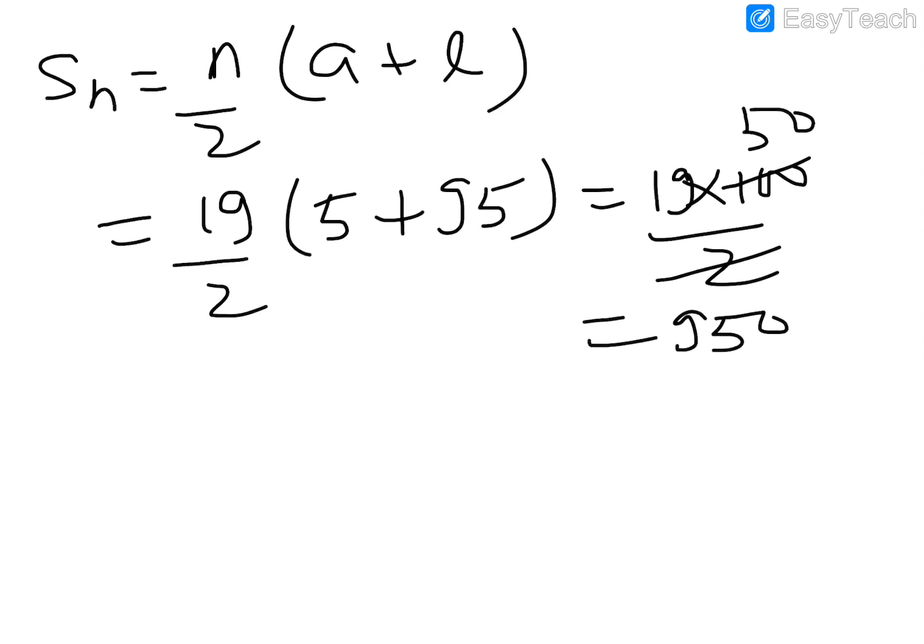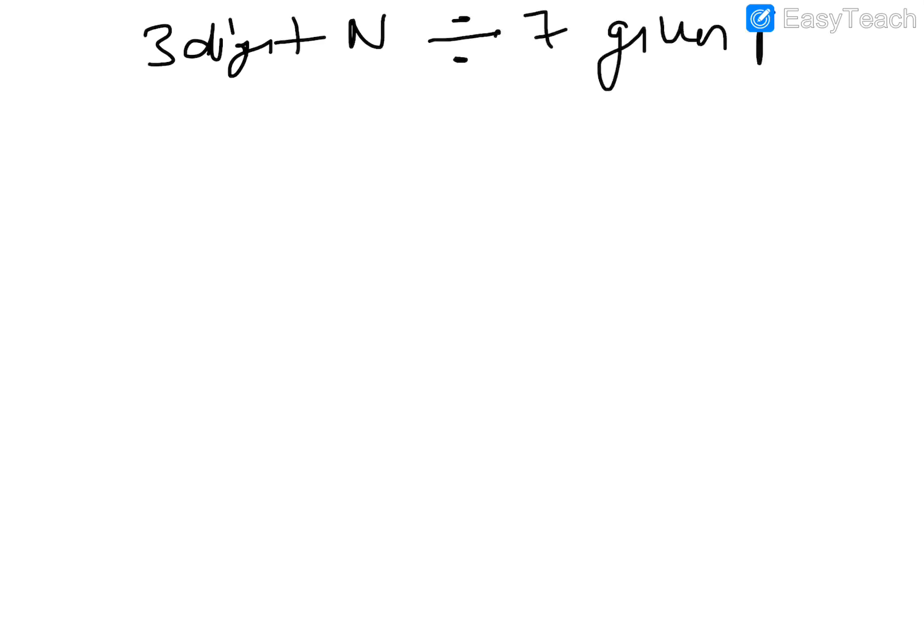Now write one more question. Let's say sum of all 3-digit natural numbers which on division by 7 give remainder 3. Now see, first of all, I need to find the 3-digit numbers. The smallest 3-digit number is 100.